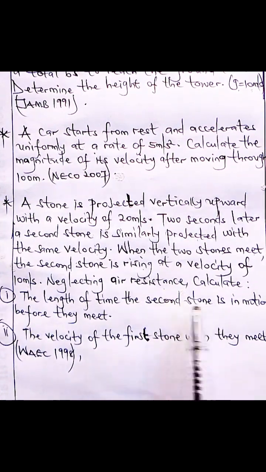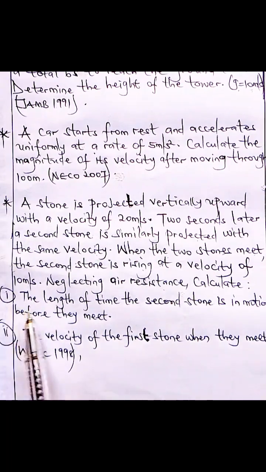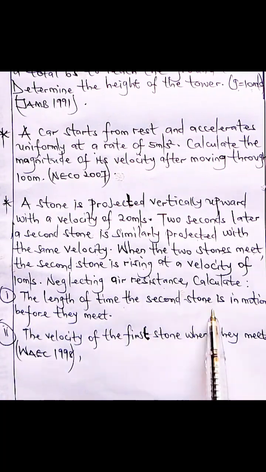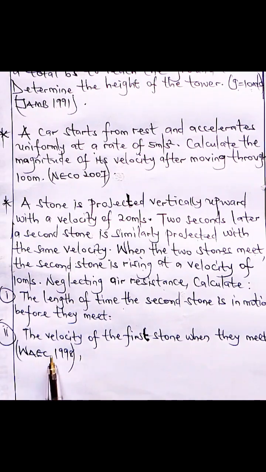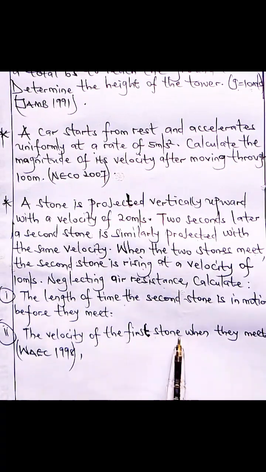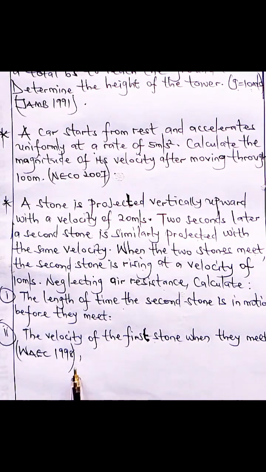Neglecting air resistance, calculate, number 1, the length of time the second stone is in motion before they meet. The second, the velocity of the first stone when they meet. This is WAEC 1998. So I'd love you to solve all those questions for me and put your answers in the comment section.